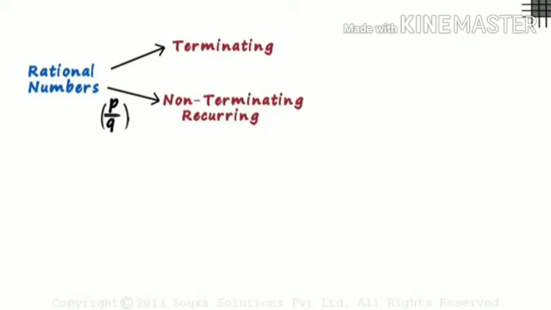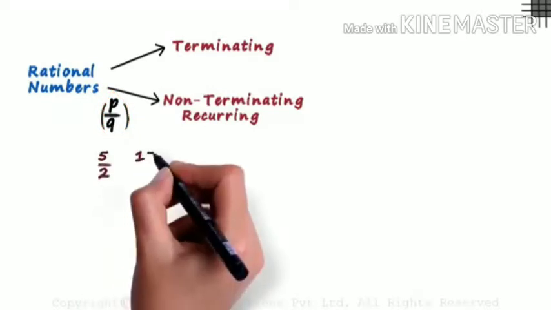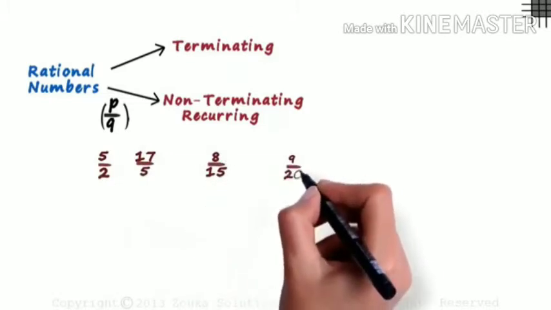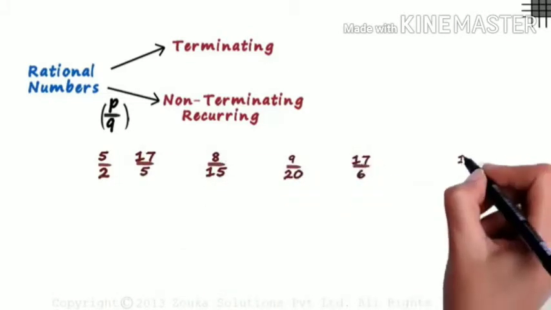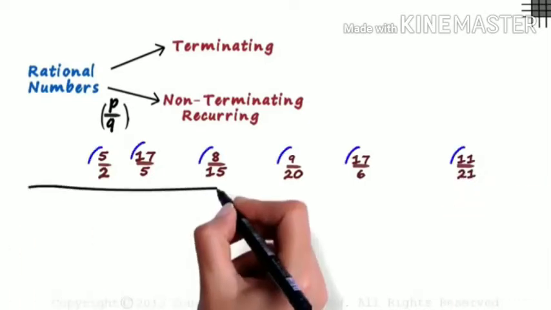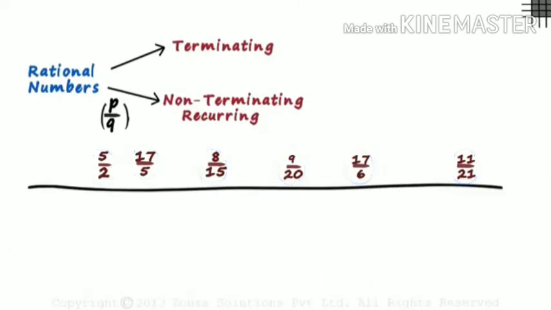Let's see. We look at 6 rational numbers in the p by q form: 5 by 2, 17 by 5, 8 by 15, 9 by 20, 17 by 6, 11 by 21. Without calculating the value of each in decimal form, can you directly tell the category each of them falls into? This category or this one?